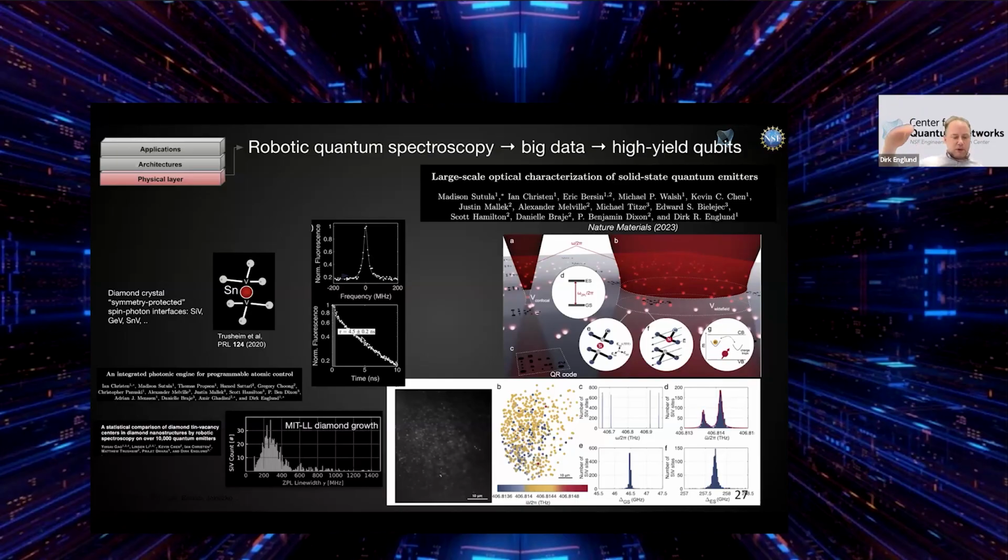Once you've excited it, it takes about 4 nanoseconds. So the wave packet is about 4 nanoseconds. And if you plug that into the uncertainty relation, you'll get that the line width here ought to be about 20 megahertz or so. And in experiments, we see that for tin vacancy centers, we can come quite close to that line width. And you can see that here.